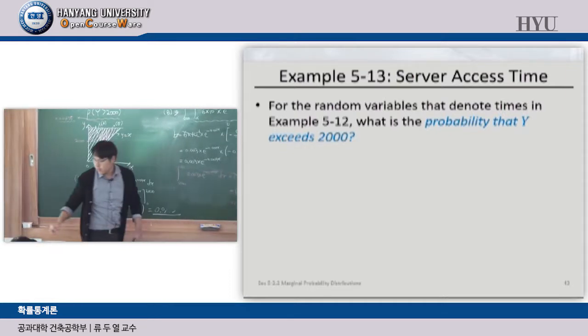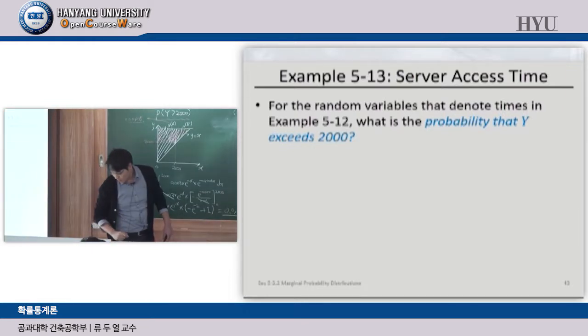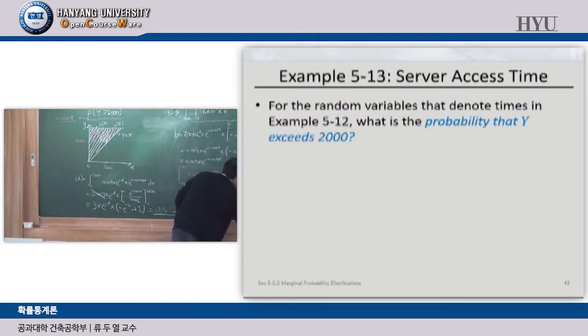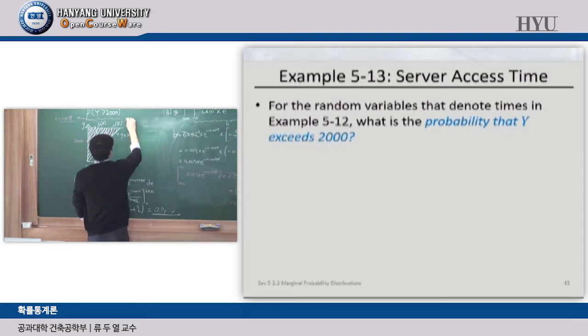And the exponential of minus 6 will be 0.0025. So this is equal to 0.0025.